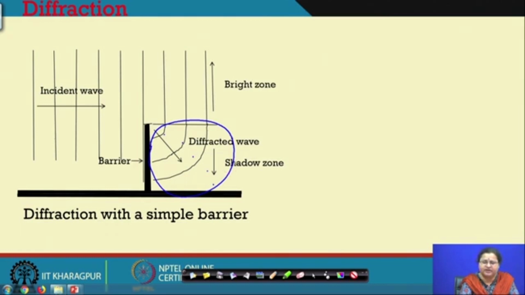He will be in the shadow zone and one here will be in the brighter zone. So, if a person is standing here, he will receive direct sound. Here, if someone is sitting here, he will get the diffracted sound. Here he will listen at a lower energy level, here actually he will receive the sound at a higher energy level.